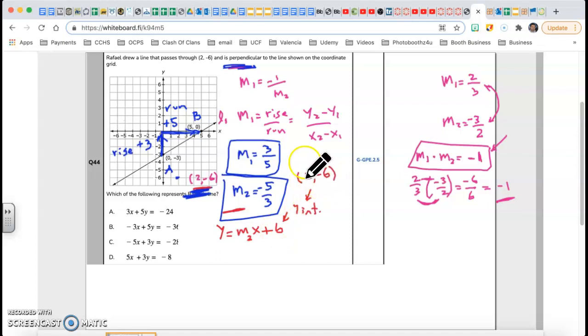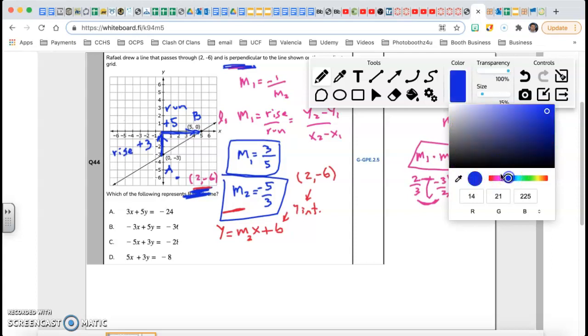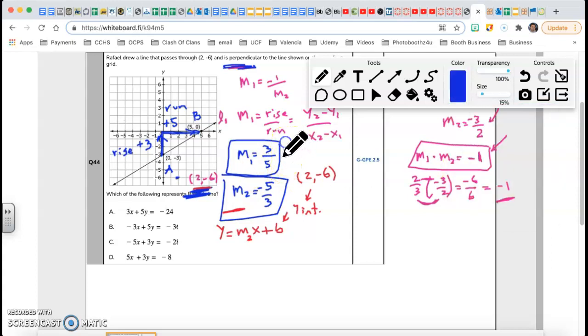The point that I have, the first value is the x value and the second one is the y value. Okay? I'm going to replace this x and y in this equation.